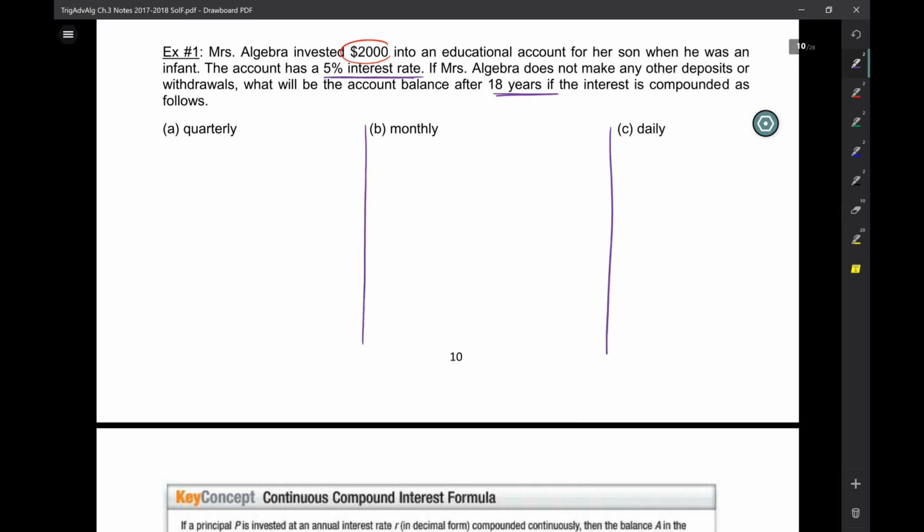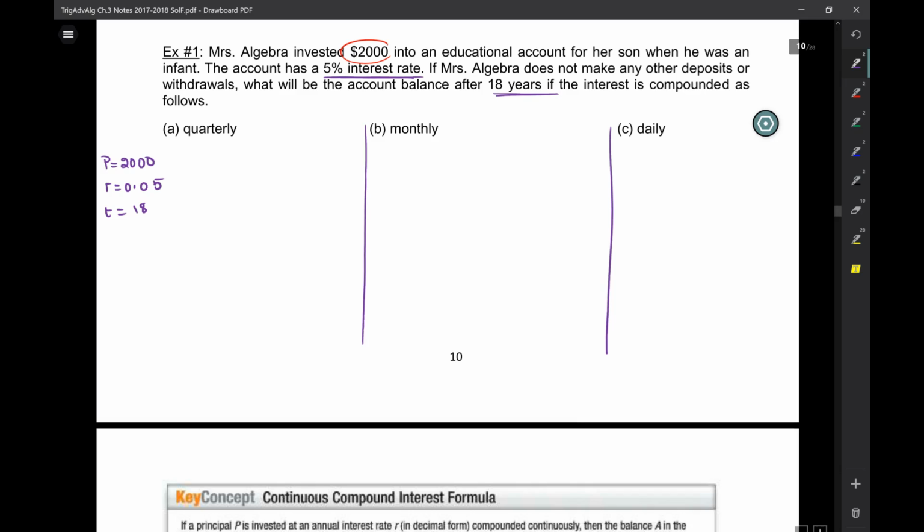Right, so now let's talk about it. 2,000 is the principal. So P is 2,000. What is the 5%? That's the R, and it'll be 0.05. What's 18 then? Right, T is equal to 18.